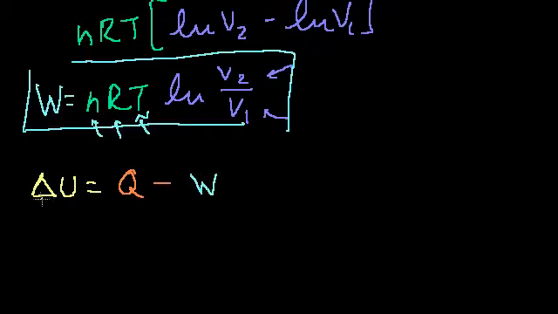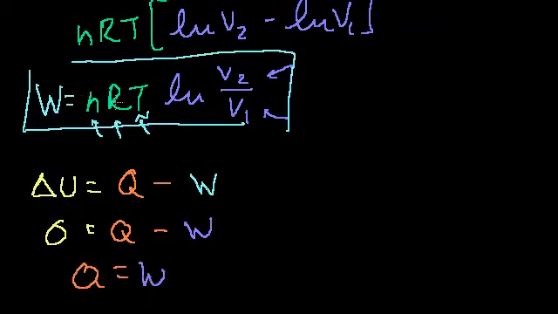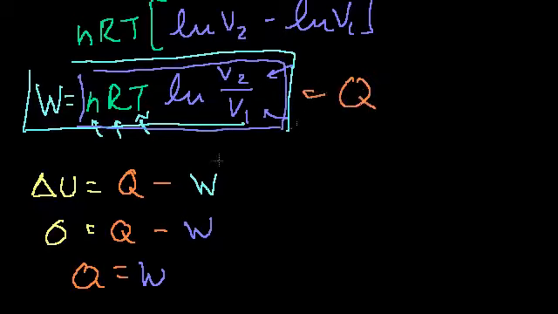Now, if this is 0, so we know that this didn't change because the temperature didn't change. So that means 0 is equal to Q minus W, or that Q is equal to W. So this is the work done by the system. You'll end up getting something in joules. And this is also equal to the heat put into the system. It's also equal to Q.